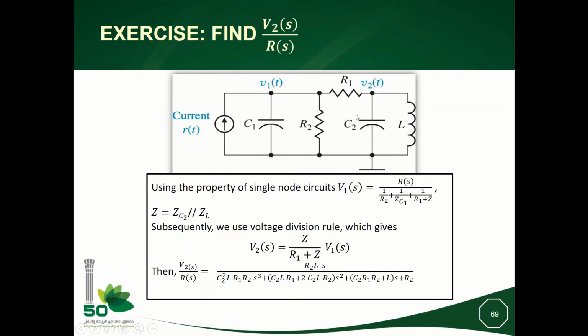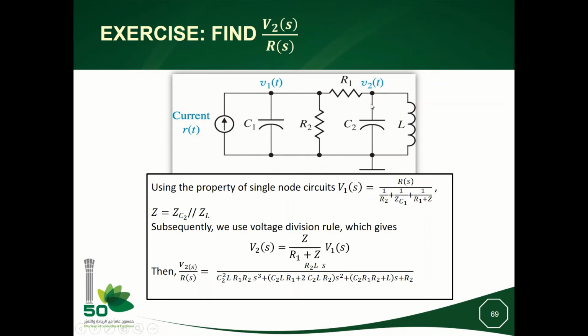And here I have 1 over R1 plus the equivalent element that we call Z. So this gives the common voltage across the elements that are in parallel. At the same time, V1 is the same voltage across the resistance R2.